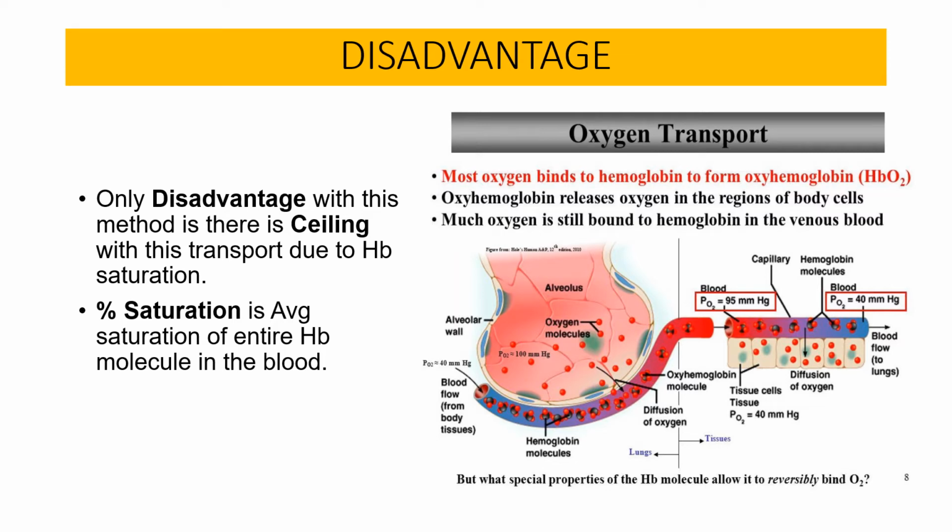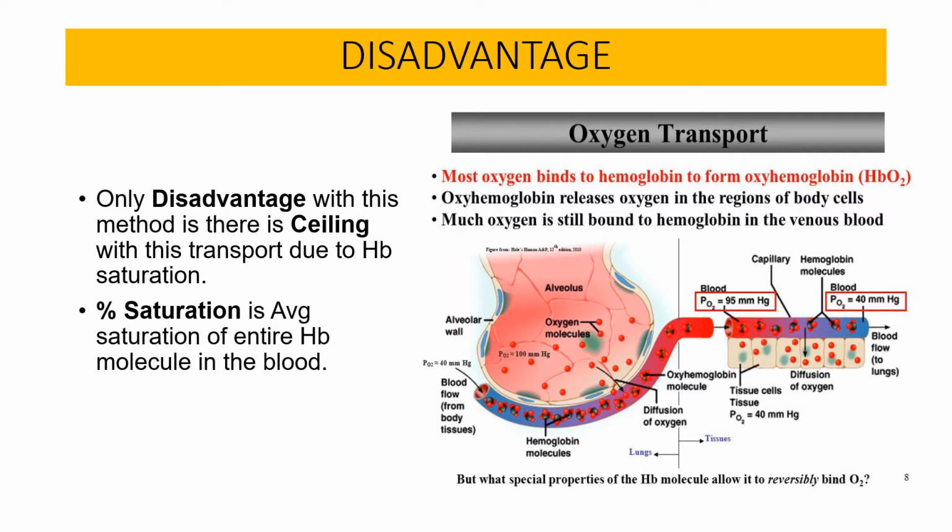You see, in this transportation by hemoglobin system, there is one disadvantage. The only disadvantage with this method is that there is a ceiling to it. It means when all of the hemoglobin molecules are loaded with oxygen, you can't increase the amount of oxygen to be transported. So there is a limit. Percent saturation of the entire hemoglobin molecule is fixed.